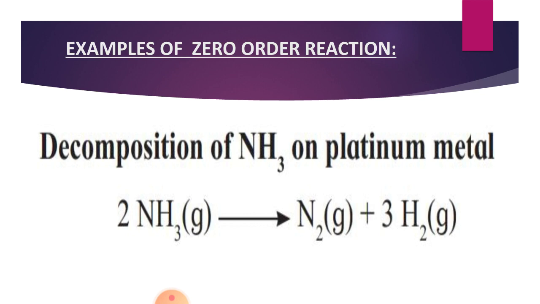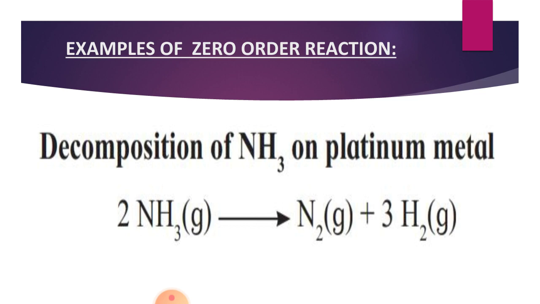Here the reaction has been given. NH3, ammonia, when it is reacted, gives you nitrogen gas and hydrogen gas. That ammonia has been decomposed on platinum metal. As we know that the metal surface gets completely covered by a layer of ammonia molecules.